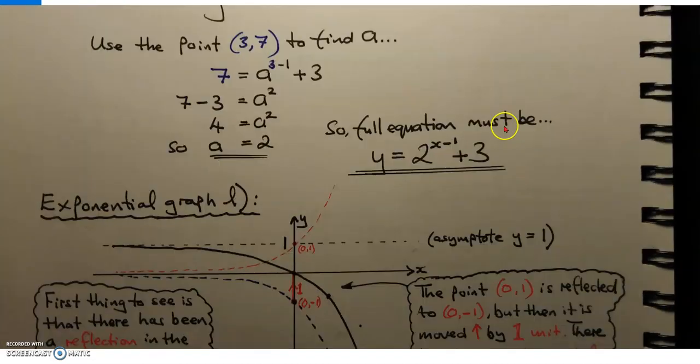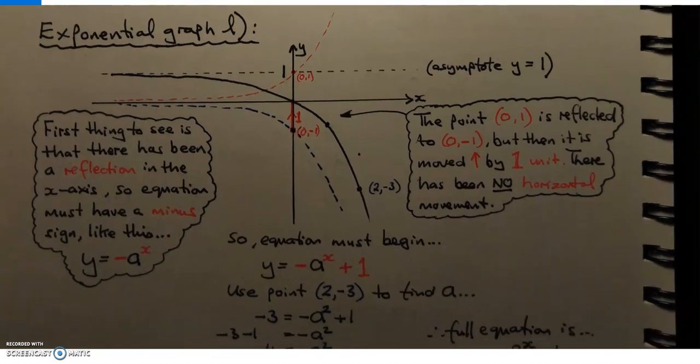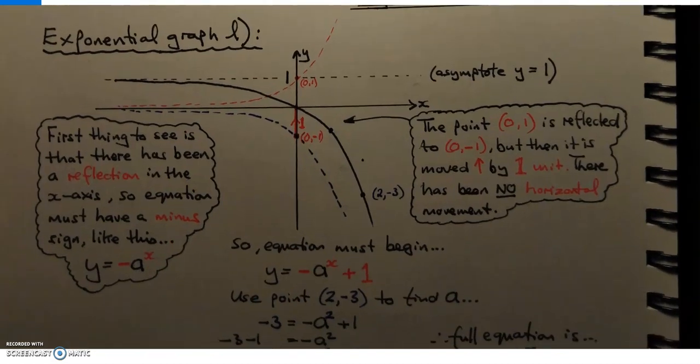Now if we go on to the very last one, we can see that we've got a slightly different one here. Now, the very first thing you should realize in this case is that this original exponential, which is going up like this, has been reflected in the x-axis, and there it is there in the blue dotted line.